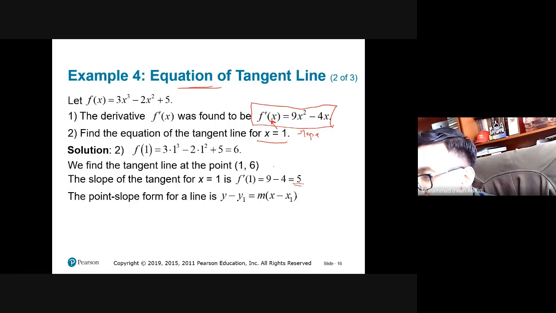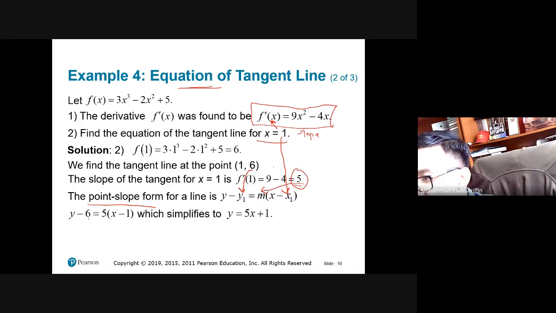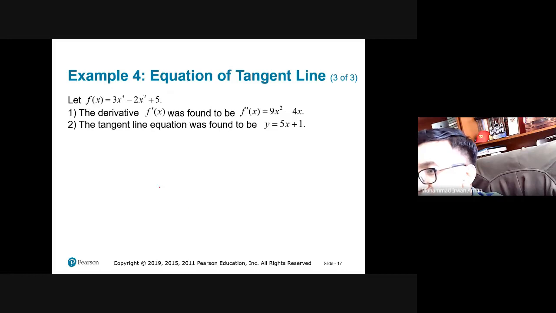Now that we have these two pieces of information, we can apply the point-slope form. We put 6 here, 1 here, and 5 is our slope m. Put everything there, and it simplifies to y equals 5x plus 1. So this is our equation of the tangent line.